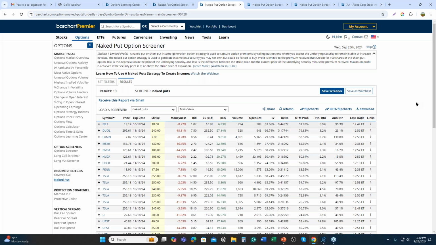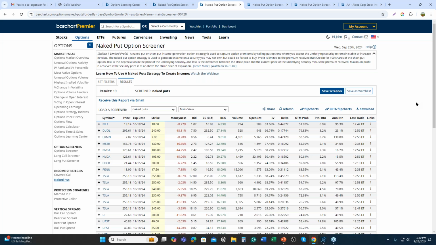Now, you can imagine there might be a stock, for instance, like Meta that trades at $560. One option, right? One option represents 100 shares. Well, we would be required to put up collateral of about $56,000. That's certainly a lot of collateral.